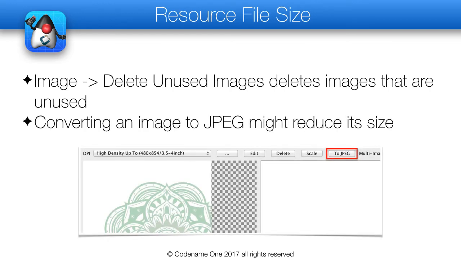If you have a very large image that is opaque, you might want to consider converting it to JPEG and replacing the built-in PNGs. Notice that JPEGs work on all supported devices and are typically smaller.